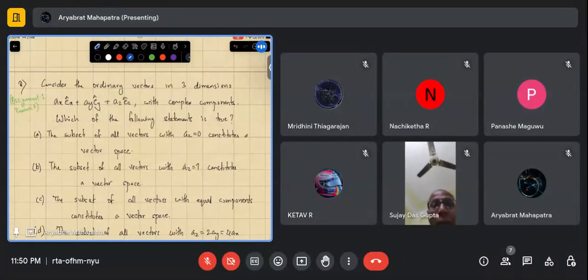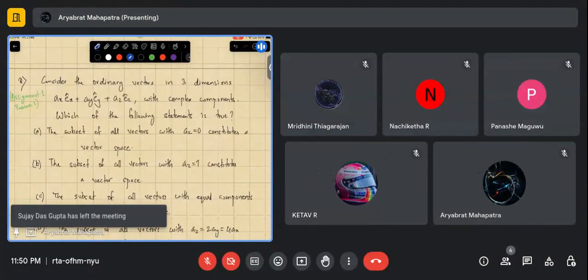So this is your assignment problem, assignment one, problem two. This is related to proving vector spaces, similar to what we discussed.